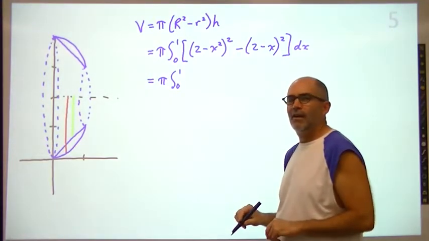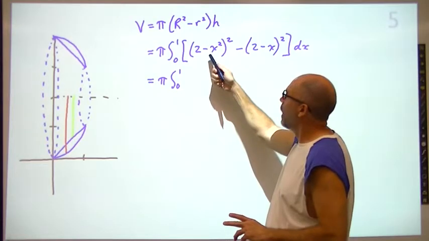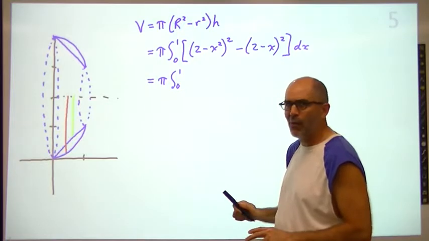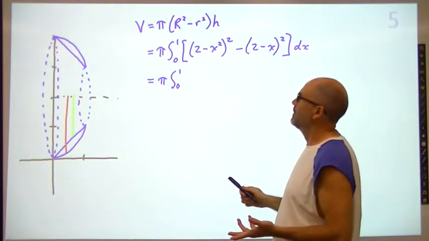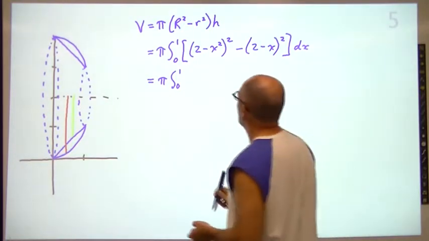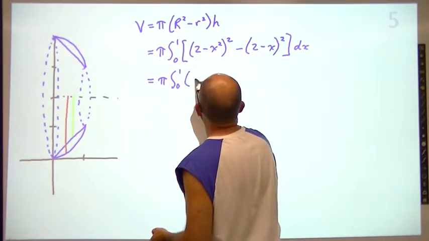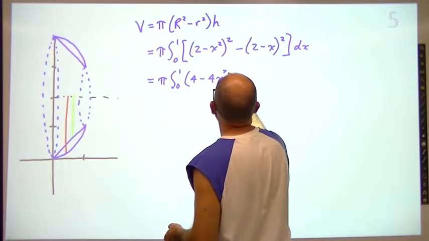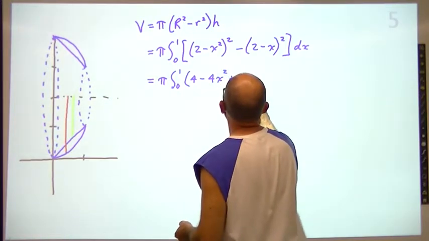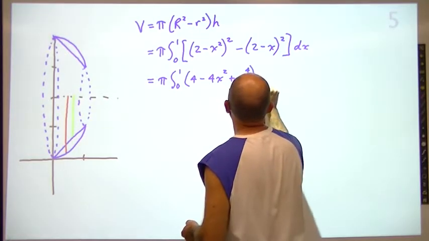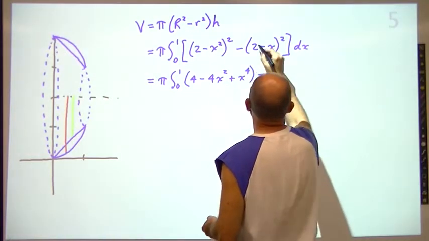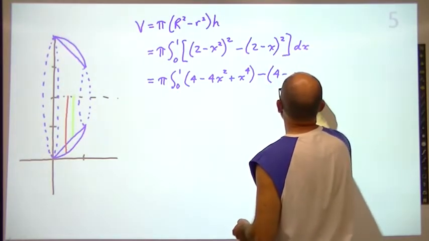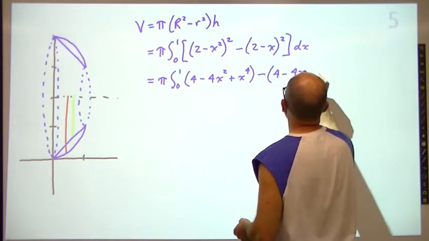You may be discovering at this point why I drilled this into your brains in Algebra 2, because now you need to be able to do it, and you need to be able to do it correctly. So we've got a squared minus 2ab plus b squared. Then we've got minus, once again, a squared minus 2ab plus b squared.